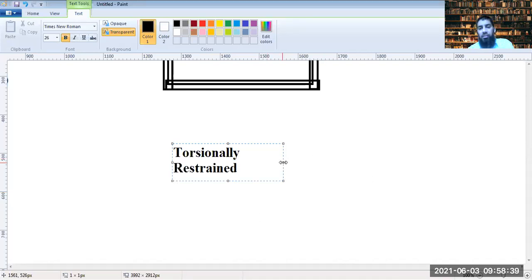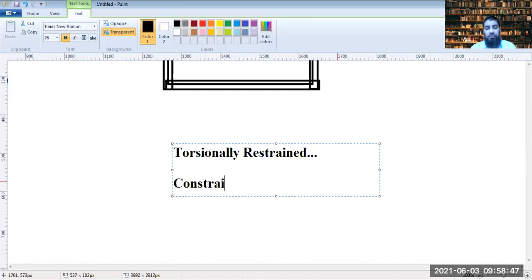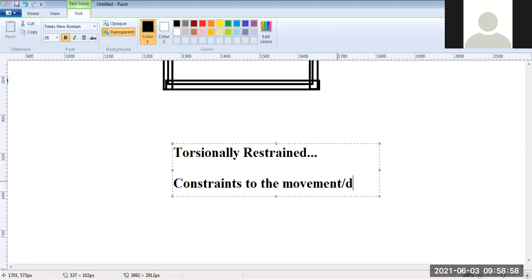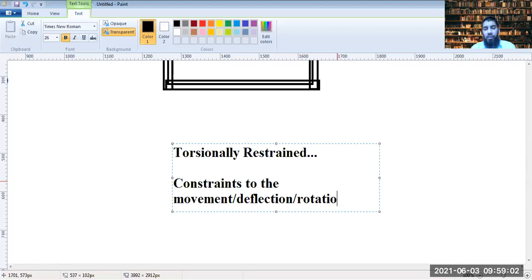But we also call it that there are constraints to the movement or deflection or rotation of the slab.